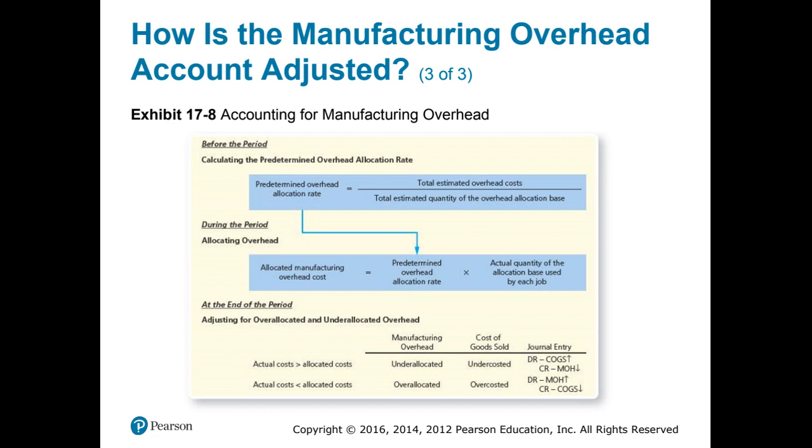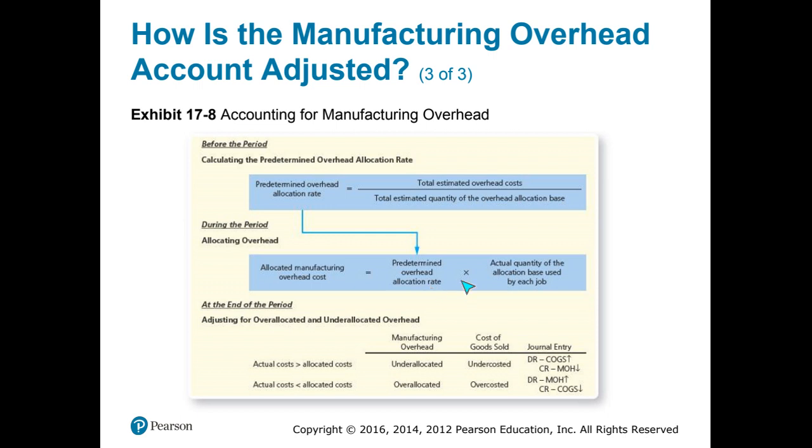Then during the period, we're going to have to allocate the overhead. To allocate our manufacturing overhead cost, we take the predetermined overhead allocation rate that we calculated before the period.